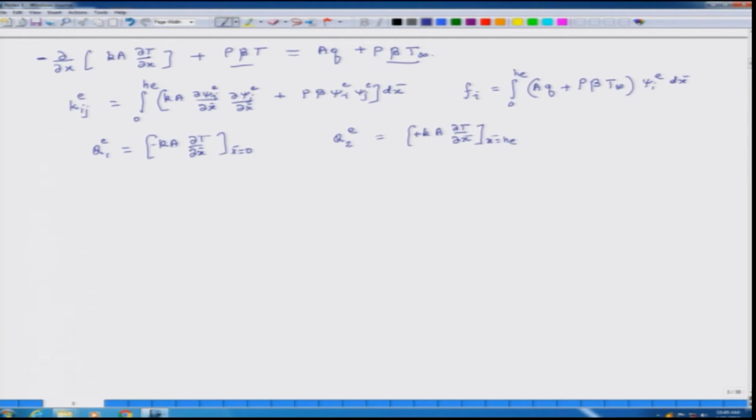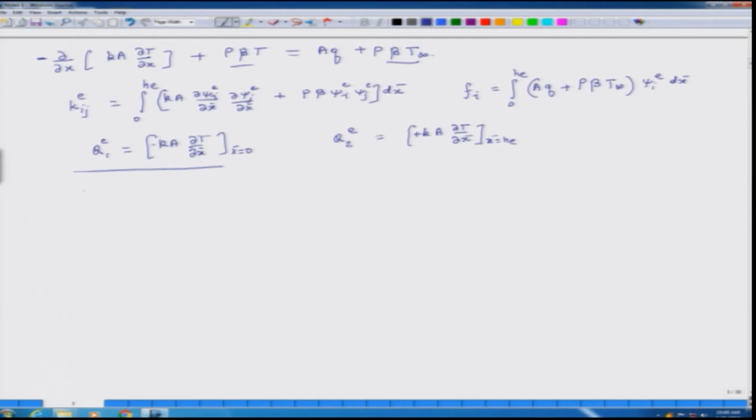And now what we will do is we will actually develop these equations, and we will have a convective boundary condition, but before we handle the convective boundary condition, we will do this problem without having the convective term. Okay.